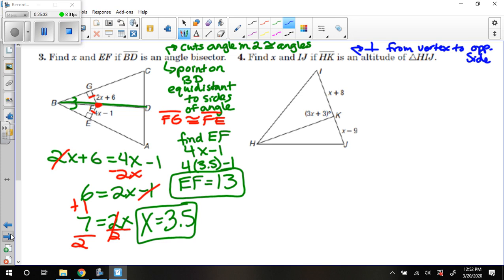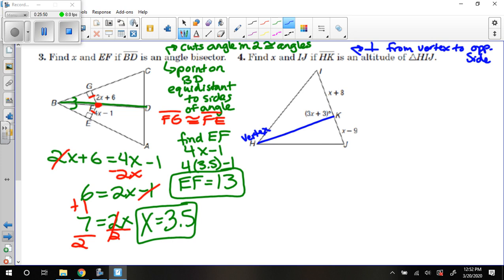So in our picture, HK is our altitude, here's our vertex, and then this is our opposite side, and it says it's perpendicular to the opposite side.